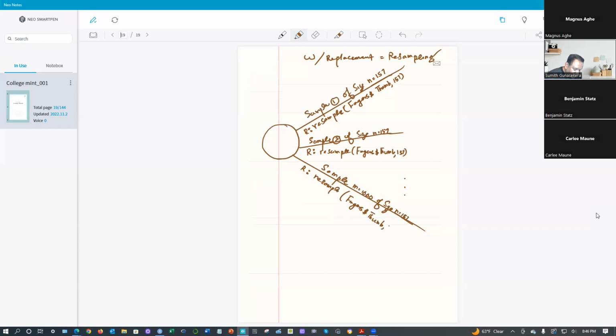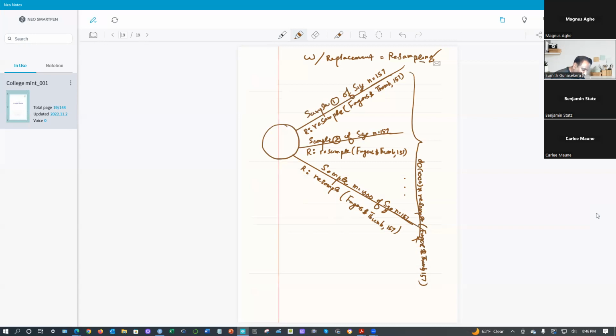All of this will be done by the do function: do 1000 times the resample fingers thumb from 157. All will be done by that one.